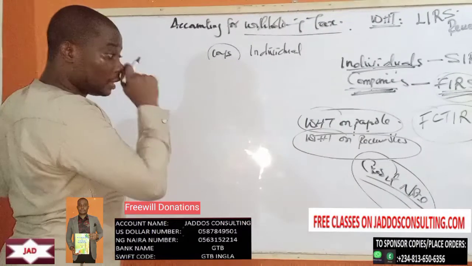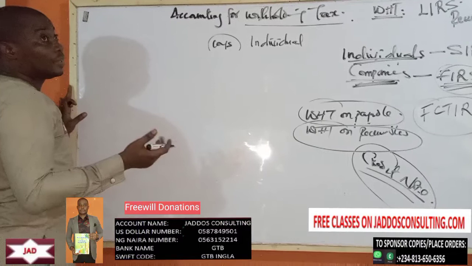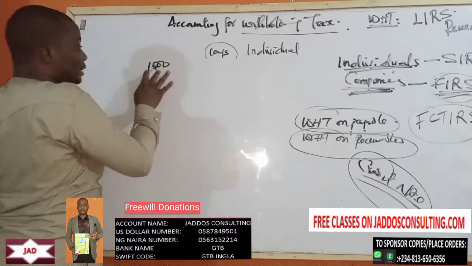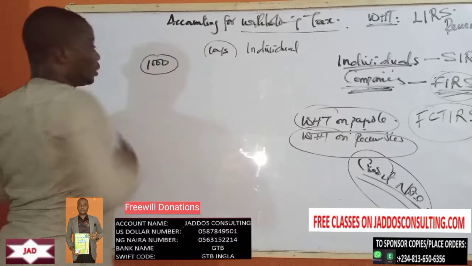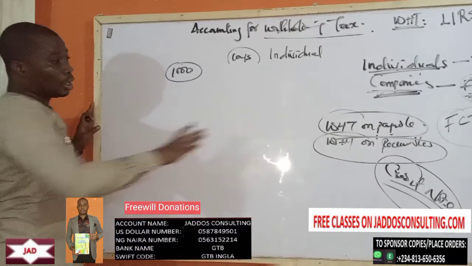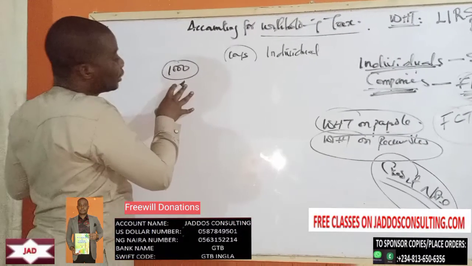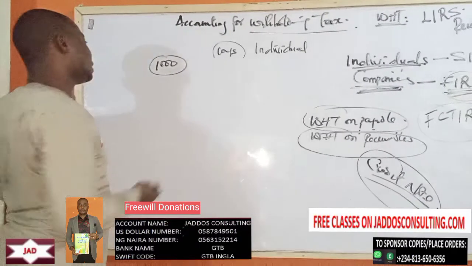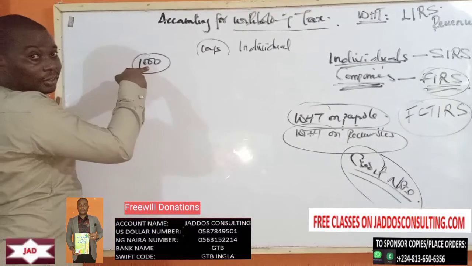So let's say there is an amount of, let's say, 100,000 or let's say 1,000. Now this is what they are supposed to pay you. Just for the sake of explanation, this is what they are supposed to pay you. And now they are actually taking a withholding tax of 10%. So that means they are going to pay you less 1,000.